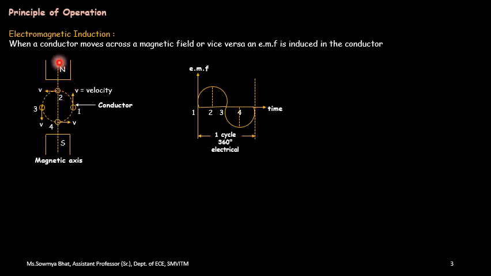So when it becomes exactly perpendicular, d phi by dt will be maximum, and the EMF induced in a particular conductor will take a maximal value. That's why at 2 it has attained its peak level.